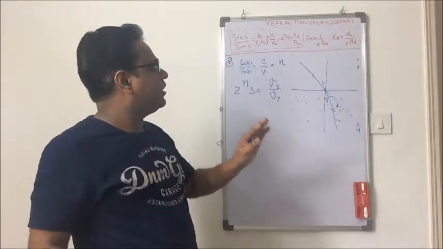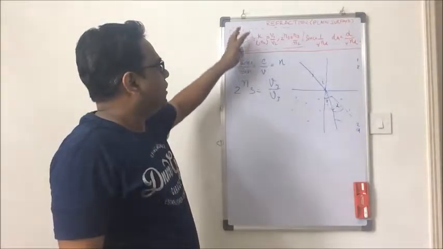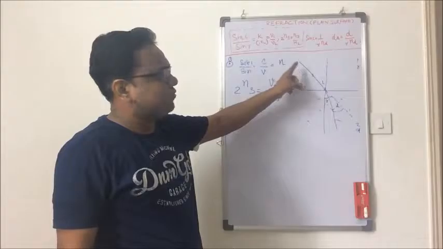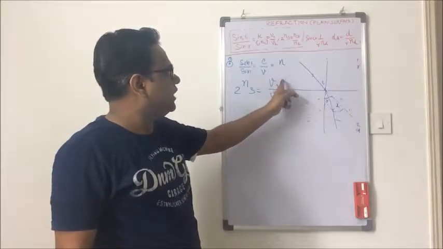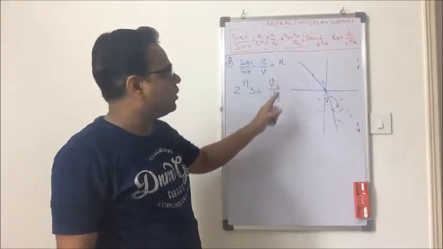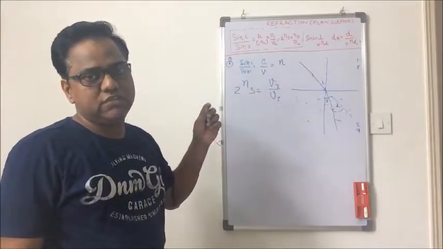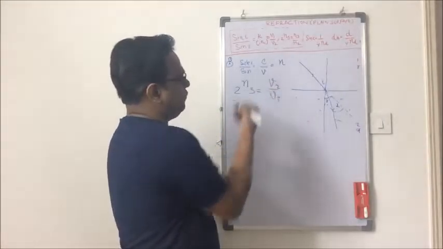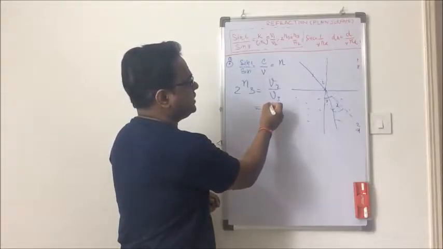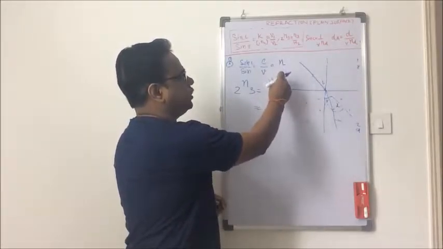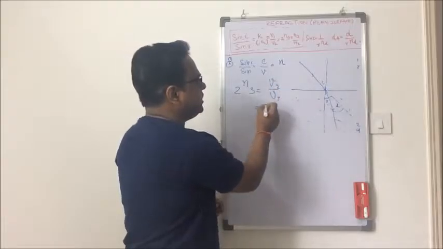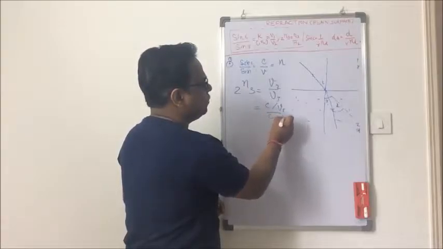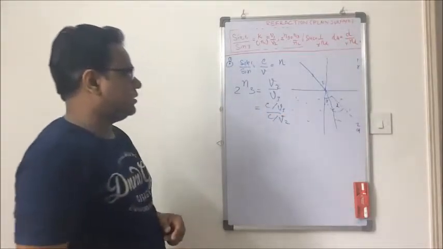Keep in mind so that you don't forget: whatever first medium the ray is coming from, we need to write the velocity of that on the top, and on the bottom the medium where the ray of light is entering. Or if we write this as C, just multiply both numerator and denominator by C. So we can write C by V3 equal to C by V2, isn't it?